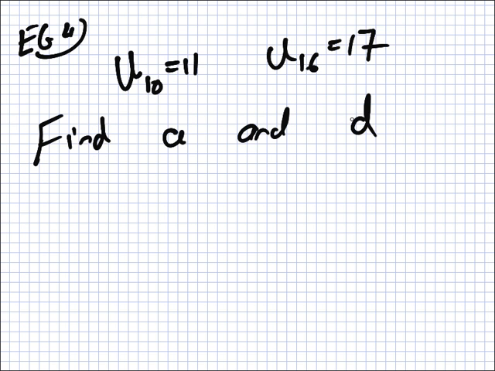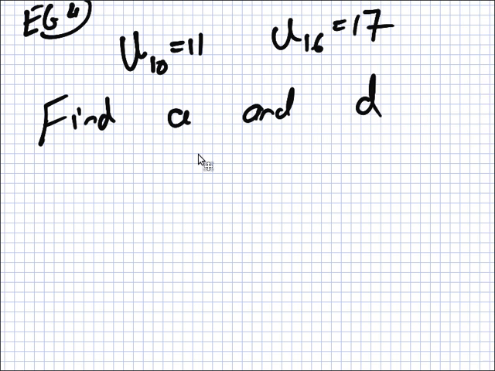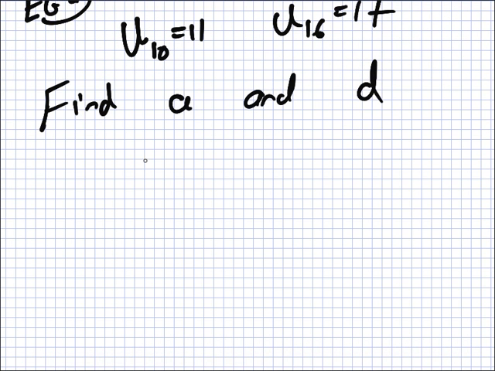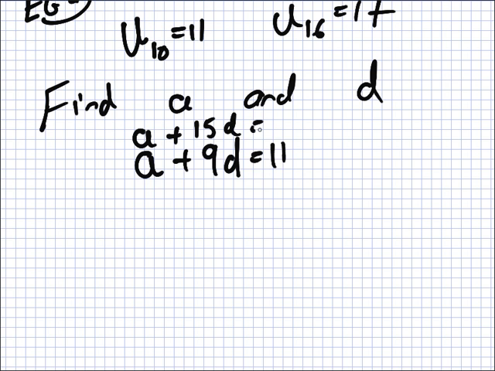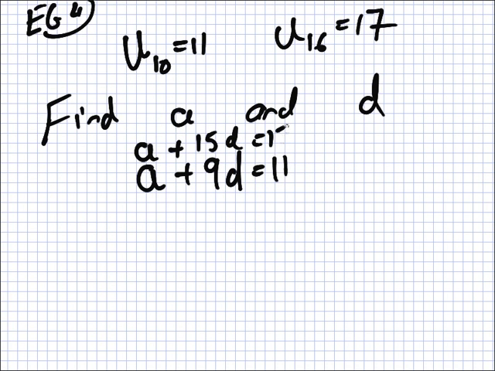Okay, so let's pretend it wasn't an easy number like this. How would we do it? You would say the 10th term is A plus 9D. And that should equal 11. And the 16th term is A plus 15D. And that should equal 17. Well, it's simultaneous equations, yeah.